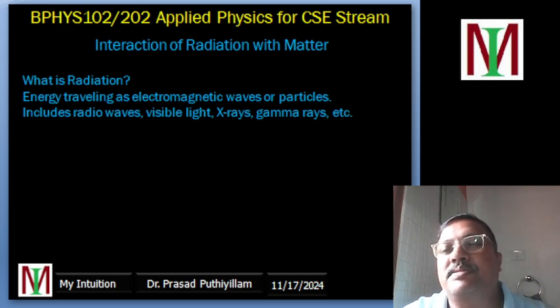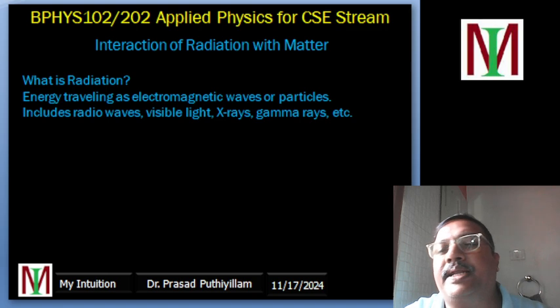It is a package of energy actually. So this can be electromagnetic radiation, like the X-rays, or it may be a particle radiation like alpha or beta particles. So both are there. Wave nature is there, particle nature, both are there.